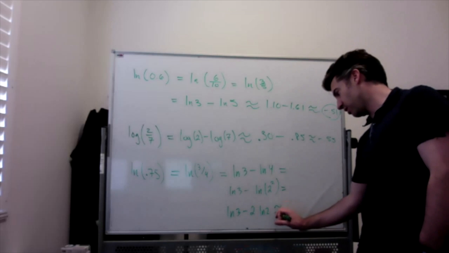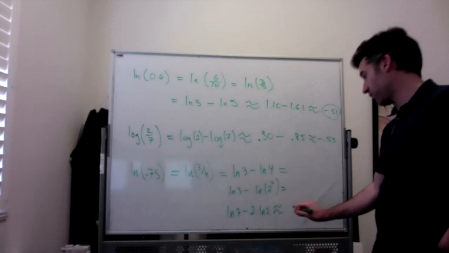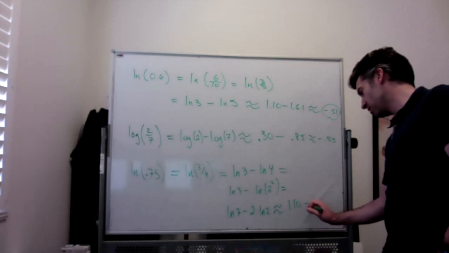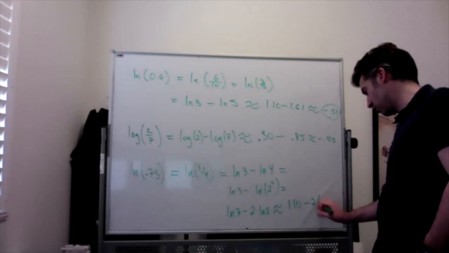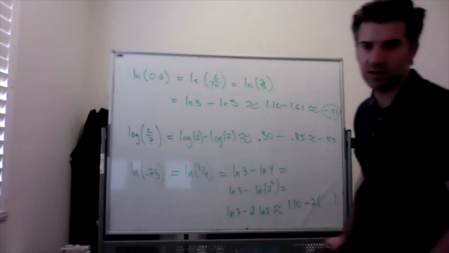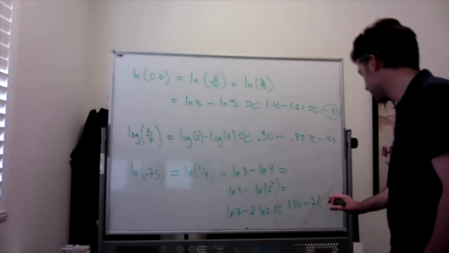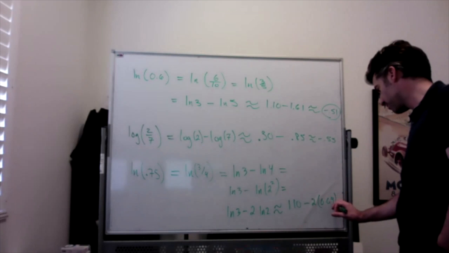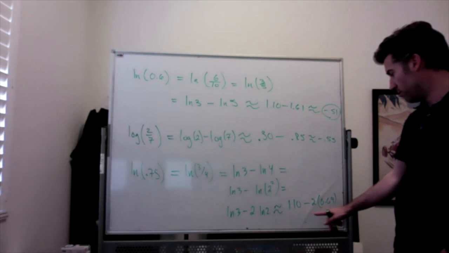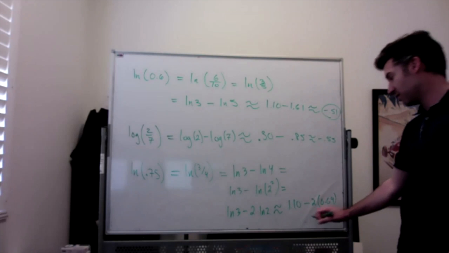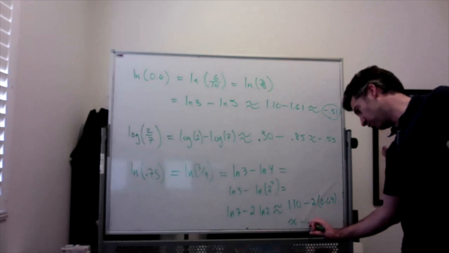And then that's going to be approximately the natural log of 3, which is 1.10, minus 2 times the natural log of 2, which is 0.69, I believe. So that's going to be 1.10 minus 1.38, which is going to be about negative 0.28.